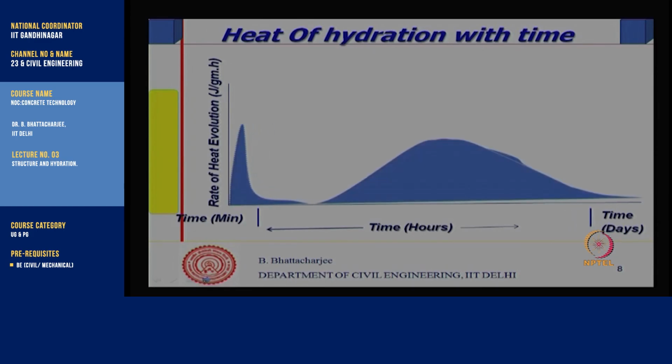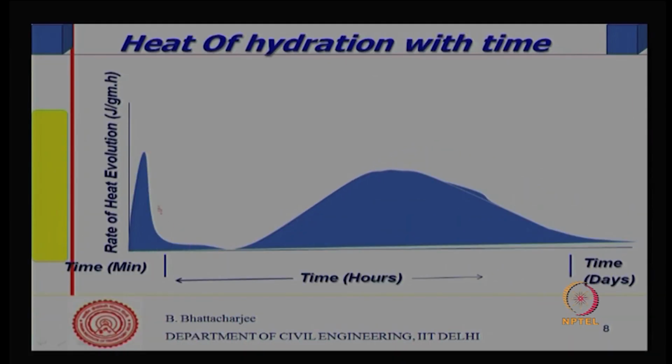Now, this is how the heat of hydration would look. You have a peak right in the beginning, a quick initial dissolution period, followed by the rate getting reduced, then the rate picks up again, and then there is a small hump, and it follows that way.